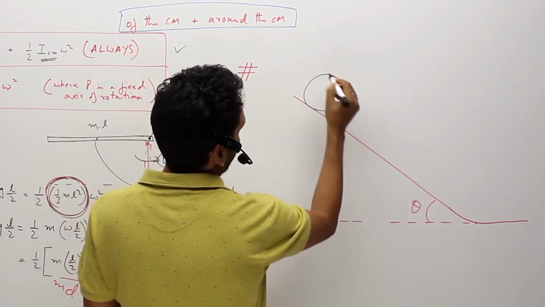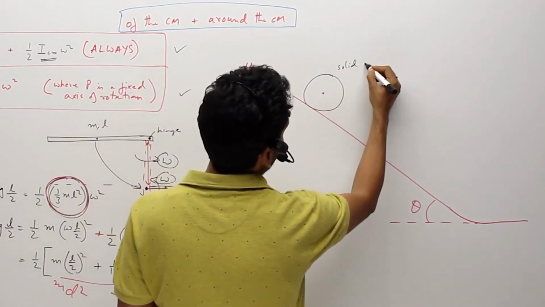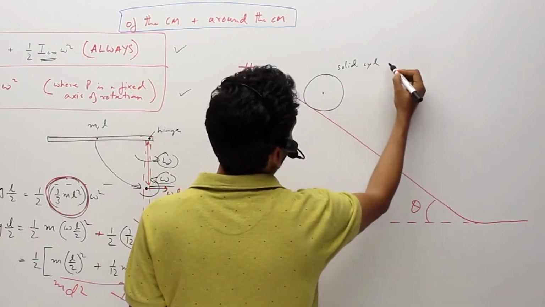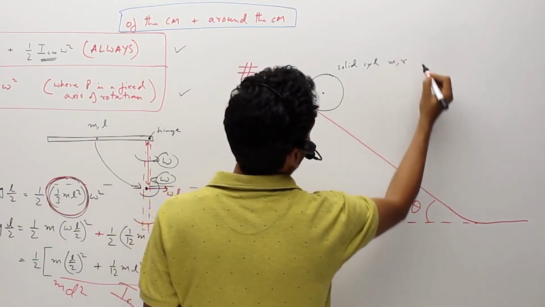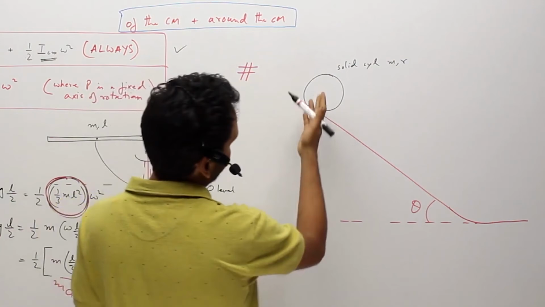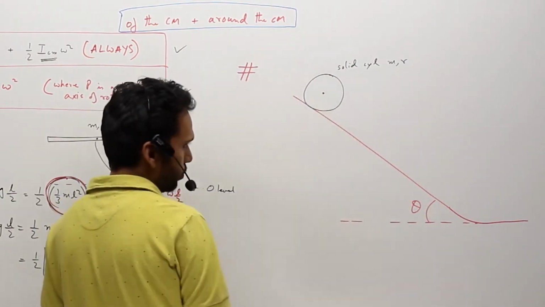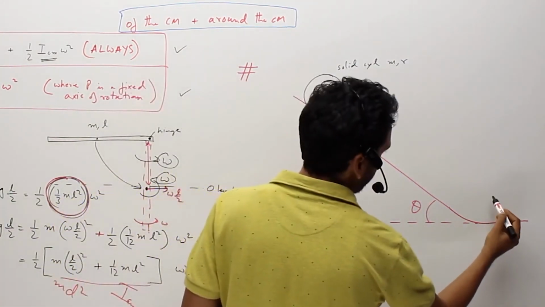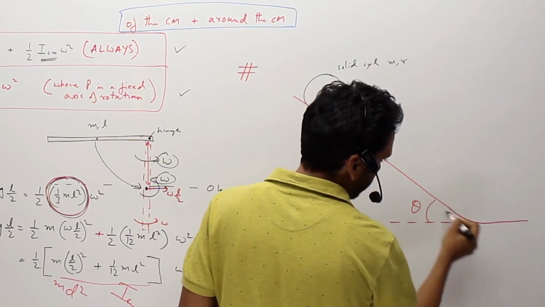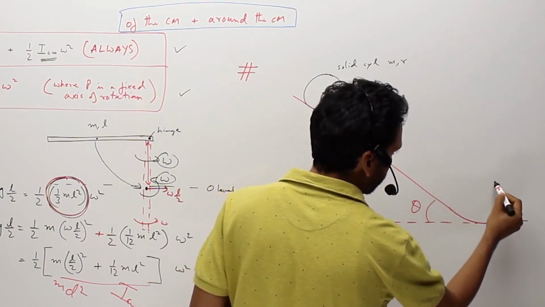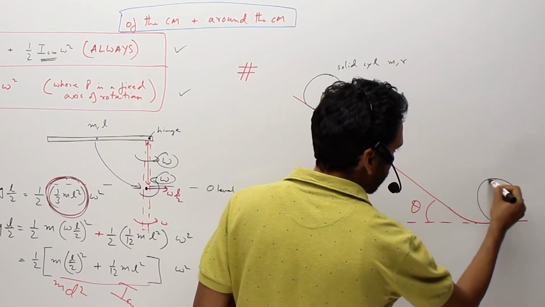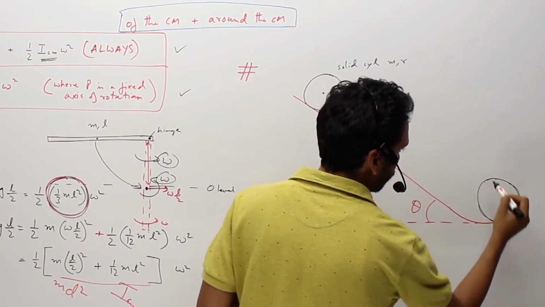You have, say, a solid cylinder on it, mass m, radius r, and it is let go. It rolls down. When it reaches the bottom point, it has smoothly rolled down.